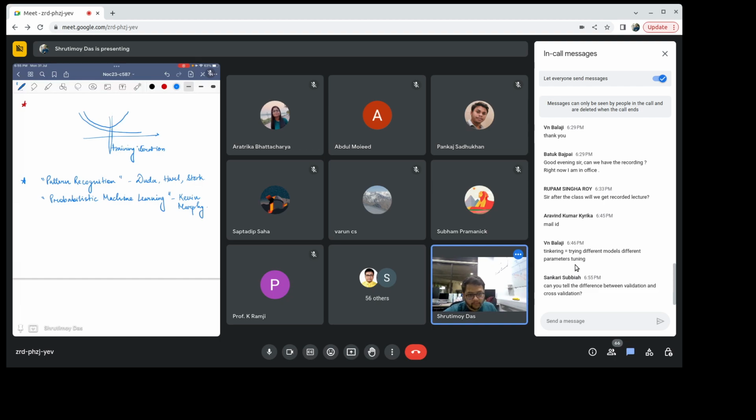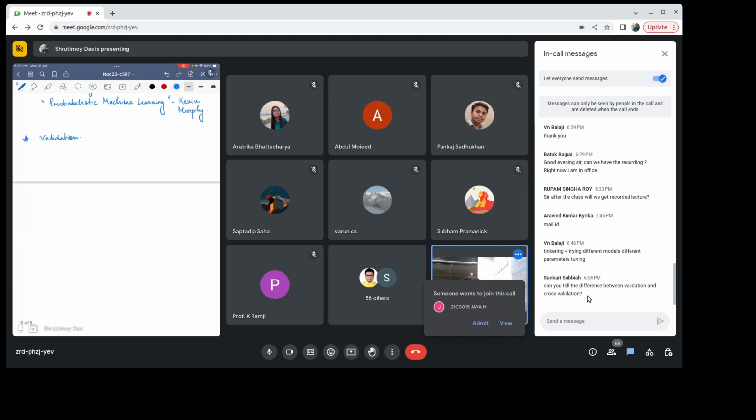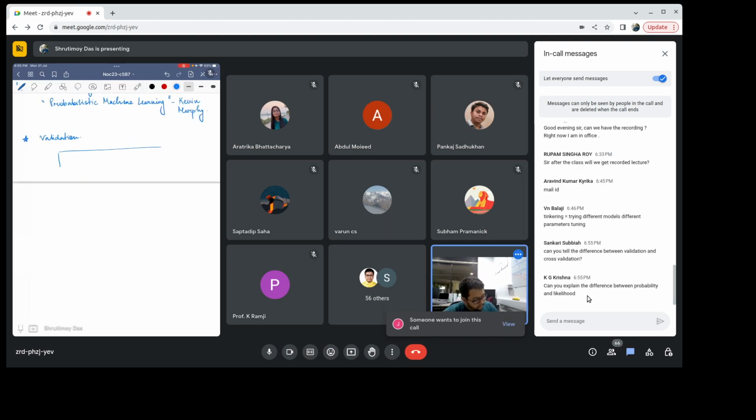Sankari has asked, can you explain the difference between validation and cross-validation? So, if we are talking about validation, given our data, this is our complete data set.